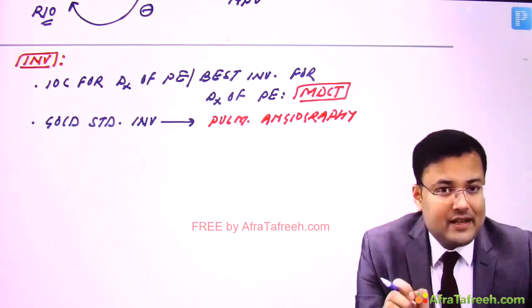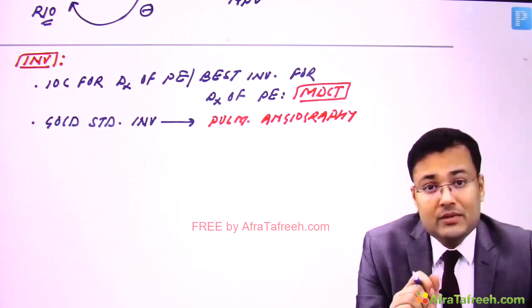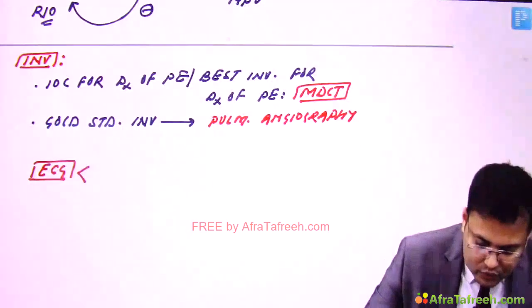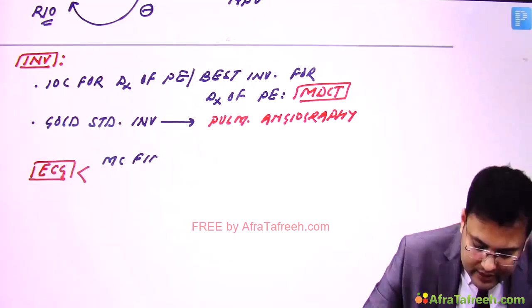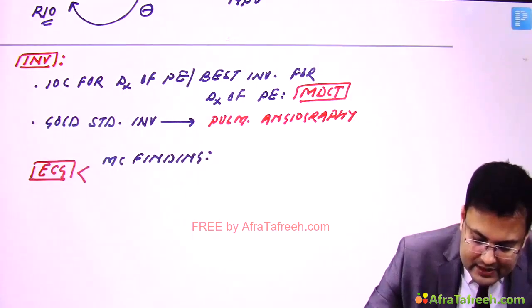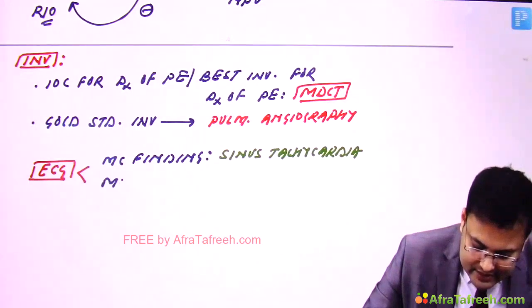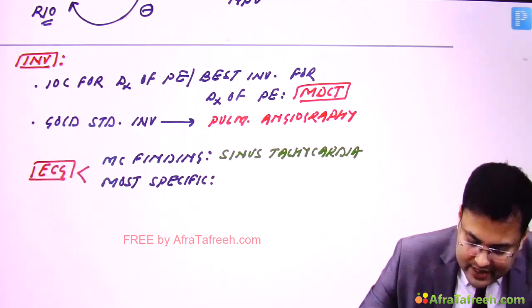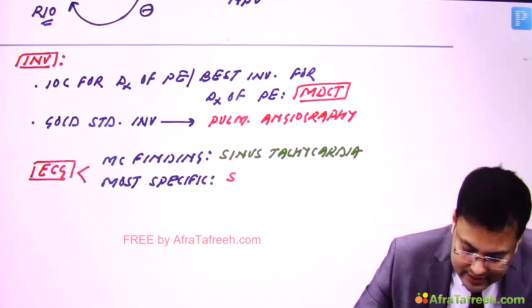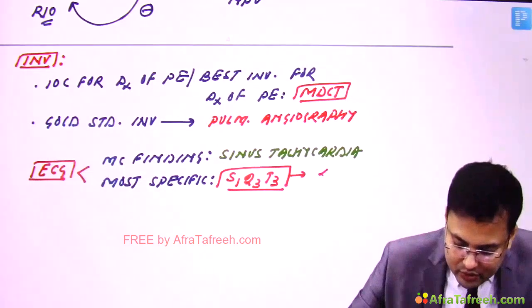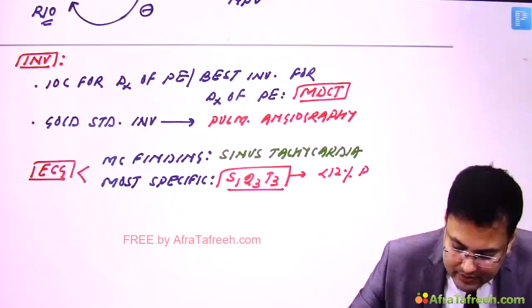It is most specific, but it is seen in less than 12% of patients. This is a frequently asked question: the most common finding is sinus tachycardia, and the most specific finding is the S1Q3T3 pattern.